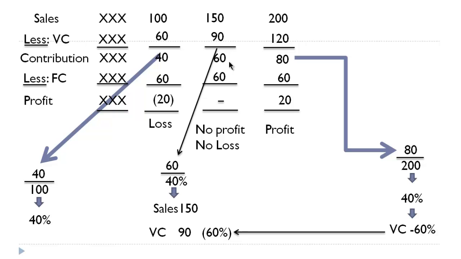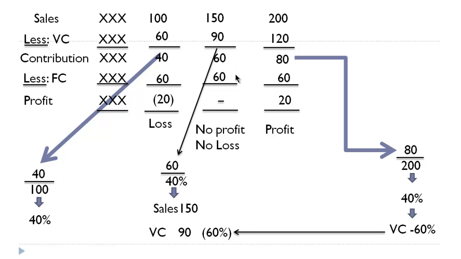But why all this? What are we trying to find out here? The point of sales at which there is no profit or no loss. And how were we able to find that? By identifying the contribution percentage. So understand the point at which the contribution is equal to fixed cost.